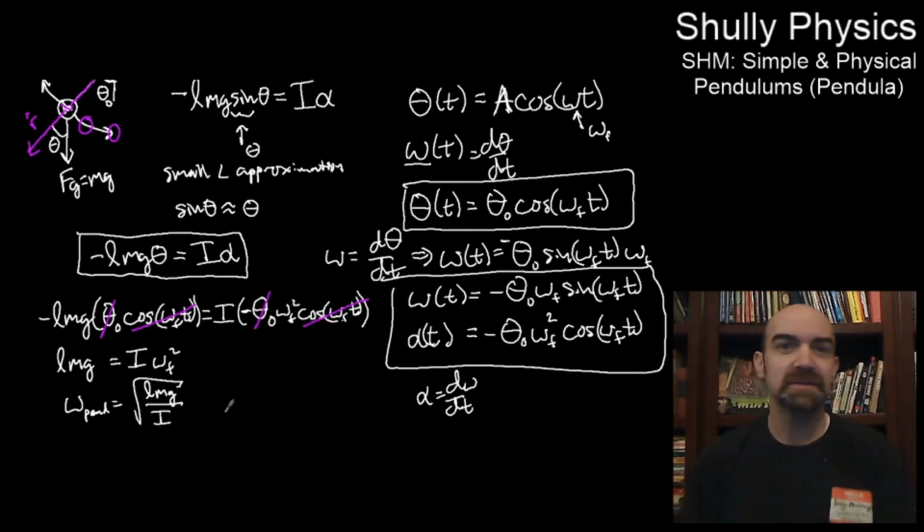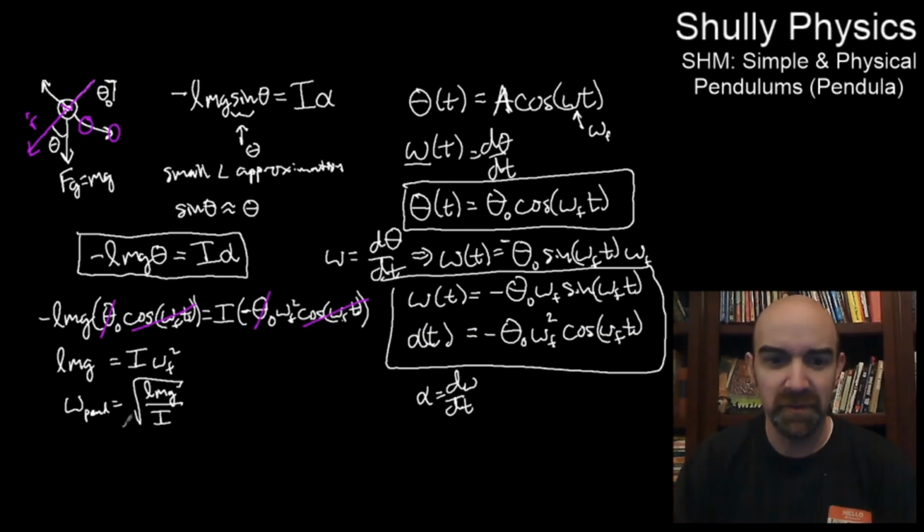This is the angular frequency for a pendulum. And this is actually good for a physical pendulum, as we're going to see here in a moment, because we can leave the I here, whatever that I turns out to be.